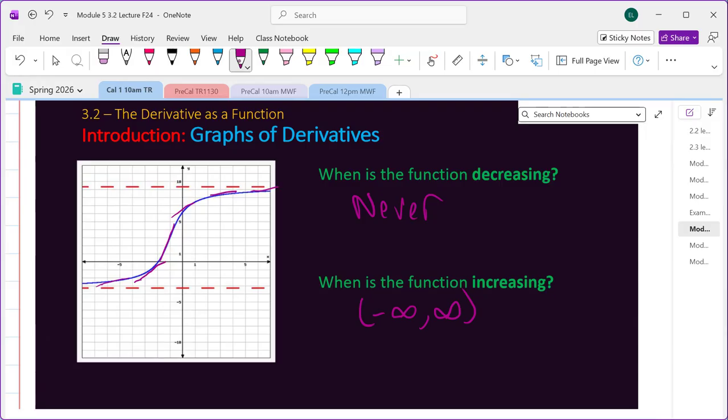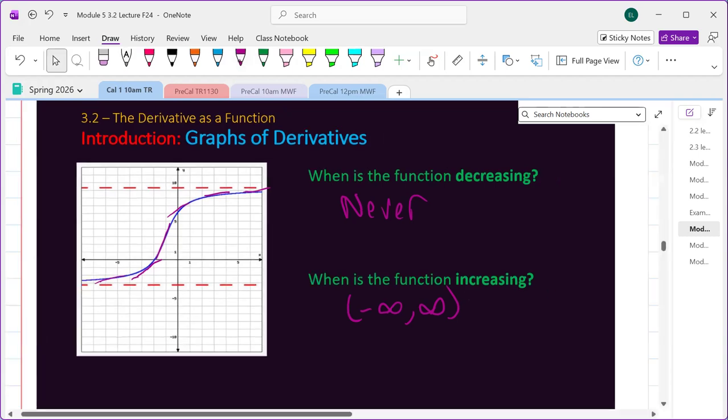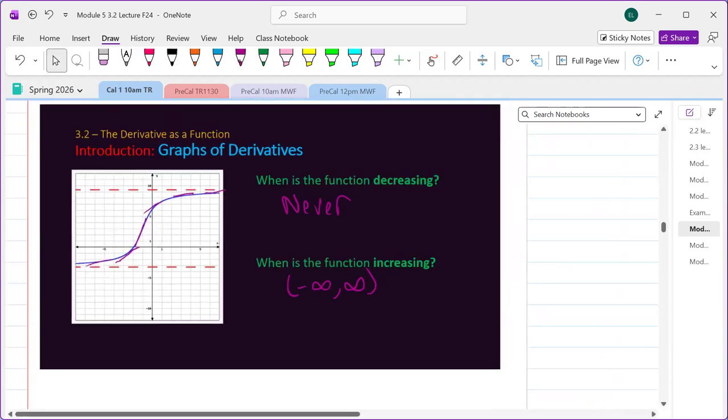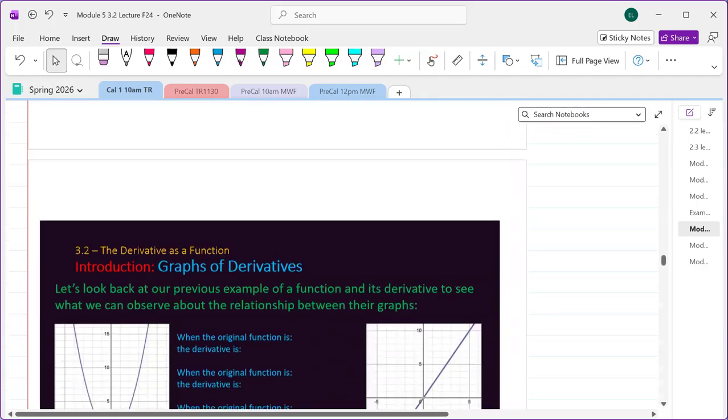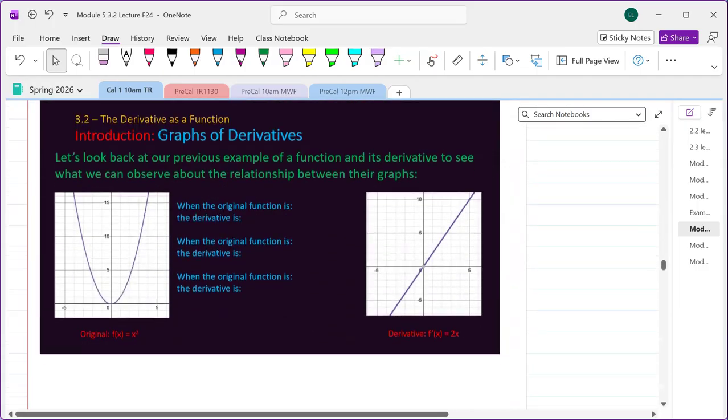So if it is increasing everywhere, if the slope of the tangent line is always positive, then the graph of the derivative would actually be always positive, always above the x-axis. But thinking through, here's my graph of my function, what would my graph of my derivative look like? It's a very weird process to think through. So we're going to practice.